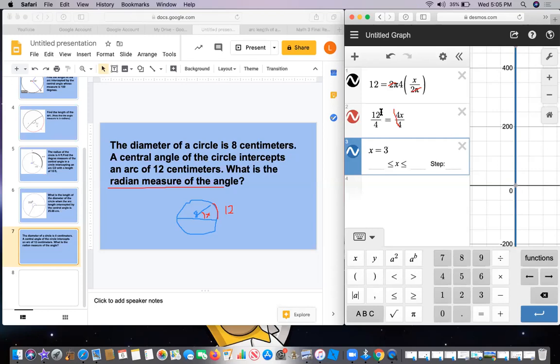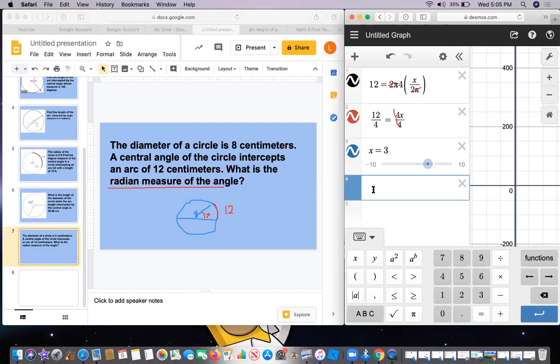We know that 12 is the measurement of the arc length, and 4 is the measurement of the radius. So in other words, the easy way to find the radian measure of the angle is to divide immediately the arc length by the radius.